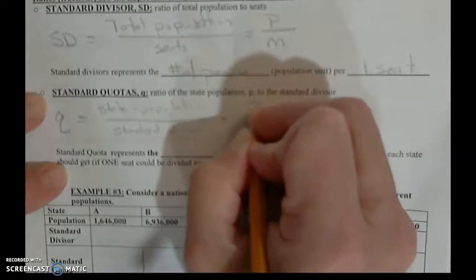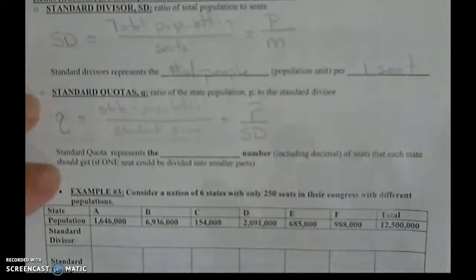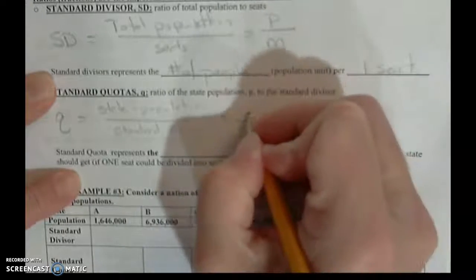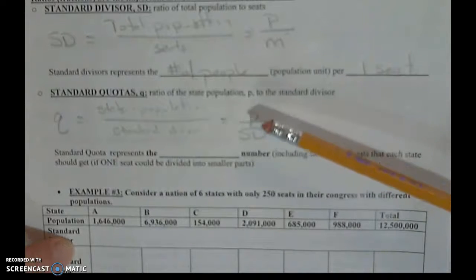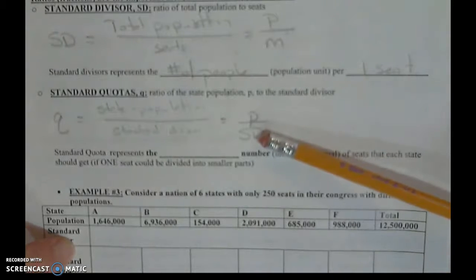You can see they're using lowercase p to represent each individual state. So it's the state population over the standard divisor.